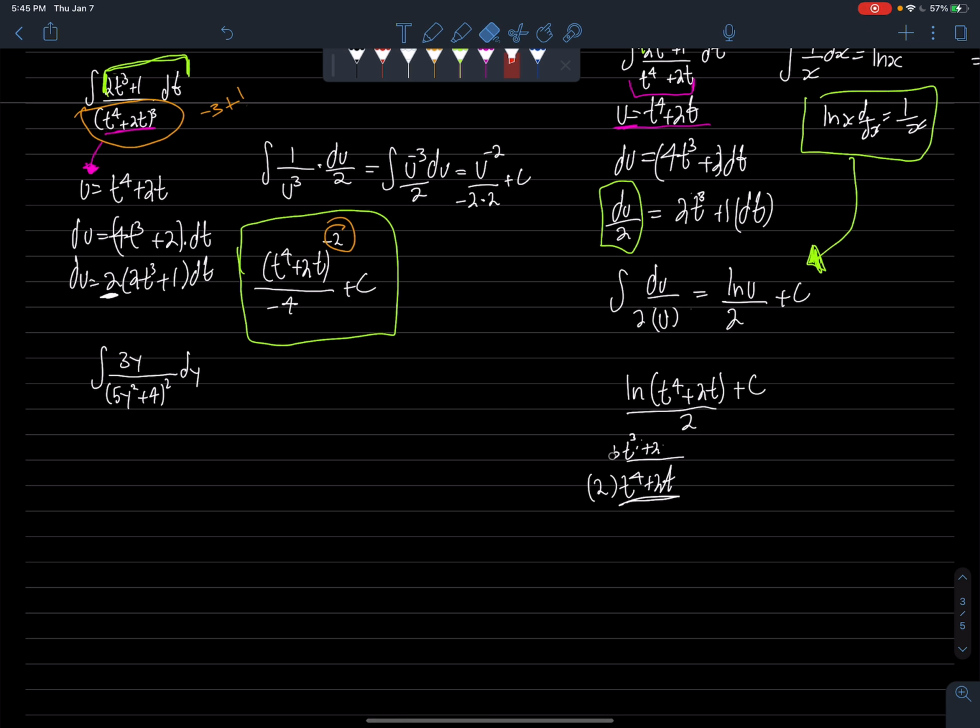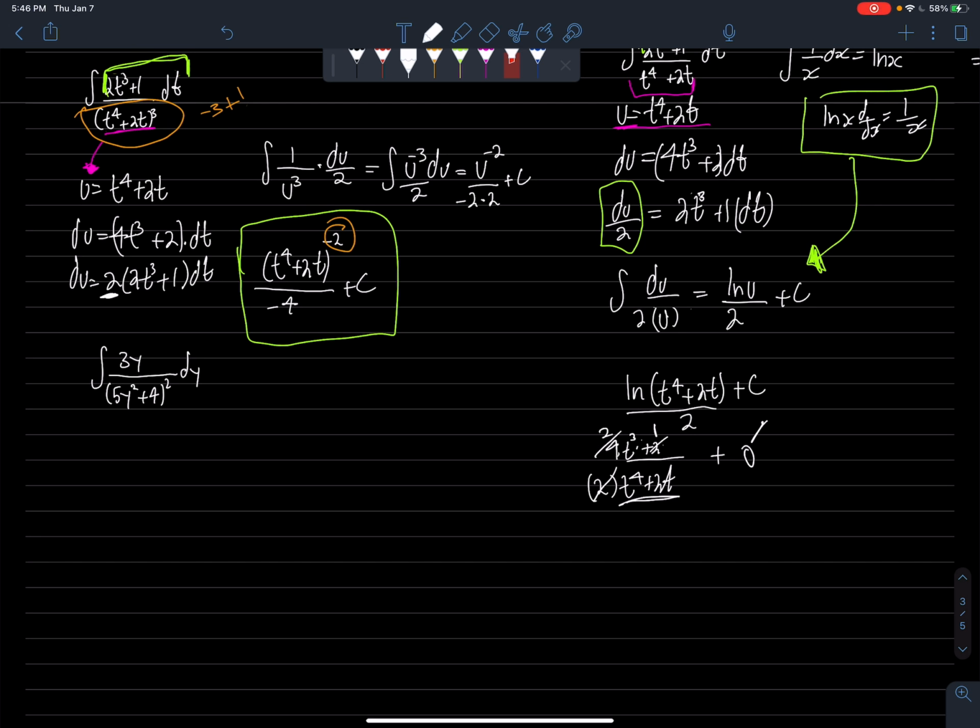Right, my bad, 4, not 3. The 2 will cancel out, this will just become 1, this will become 2, and we're where we started, because the c is just going to be 0.